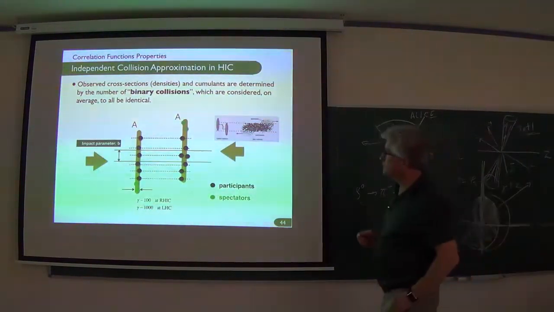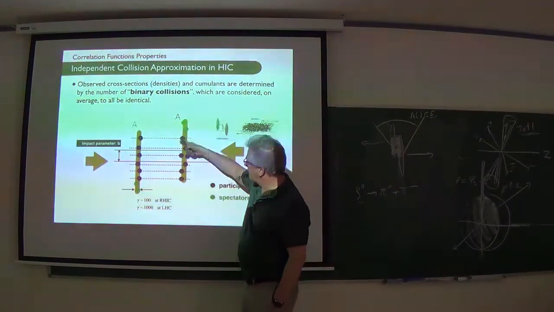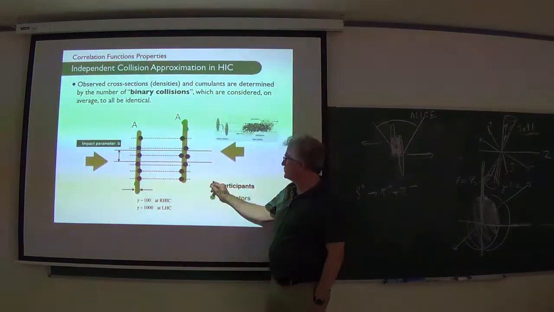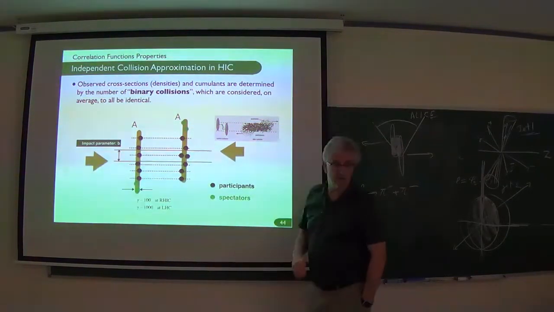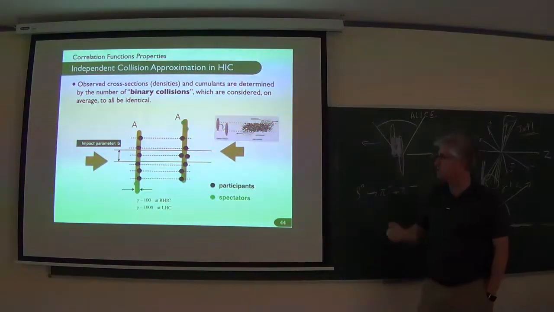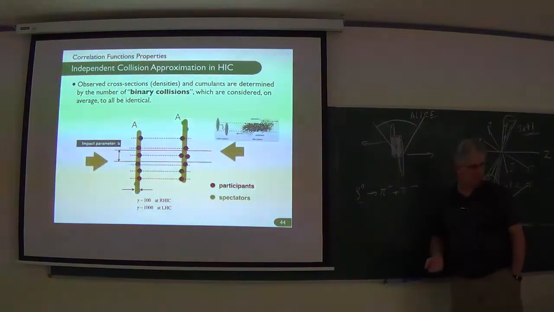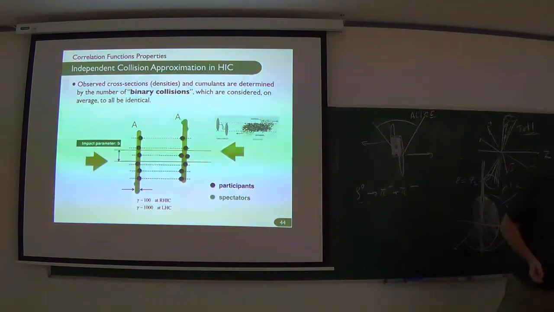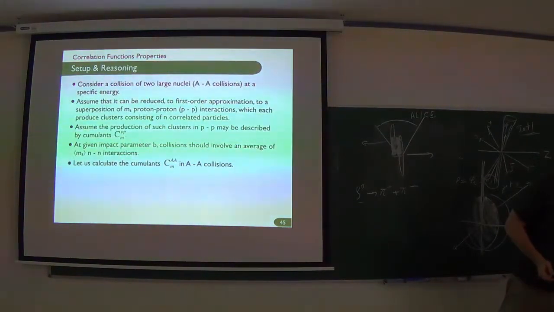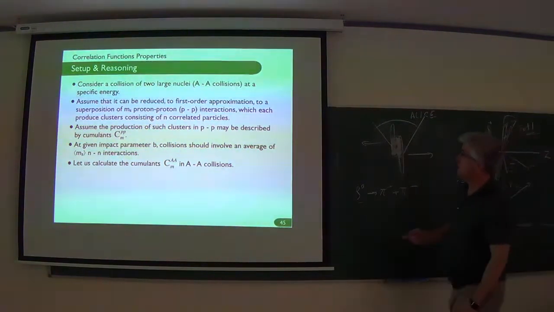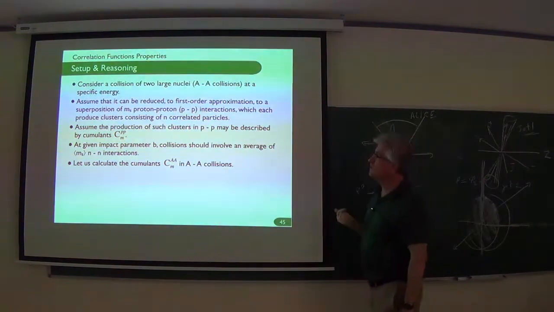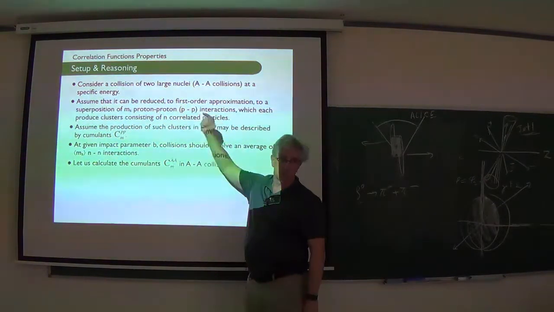So this is my setup. I have a certain overlap between the two nuclei, and the number of participants will determine how many particles are produced, but it will also determine how many correlation sources are present in the system. I have a collision of a given centrality, and I'm going to compare to what I would see in pp collisions.